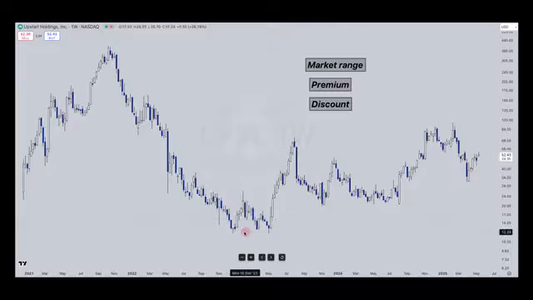Okay? So, oddly enough, like I said, when you see sharp moves away from an area, that is usually the beginning of an impulse swing.